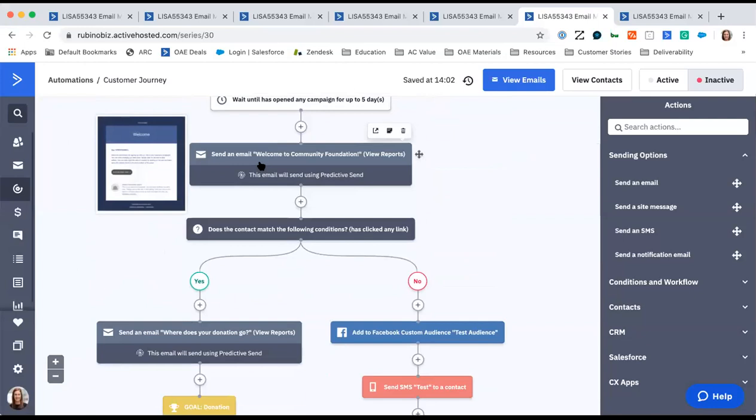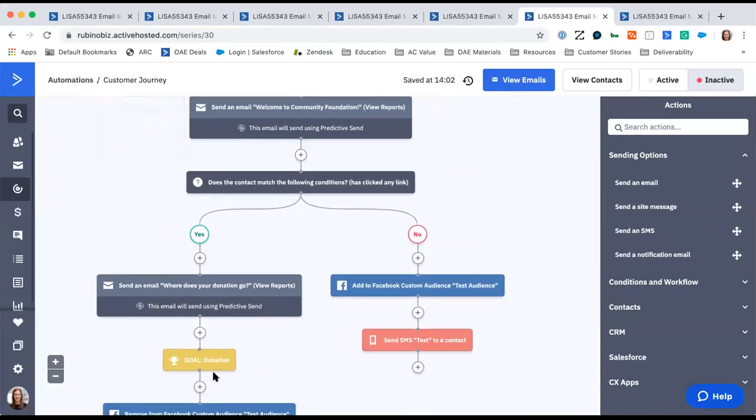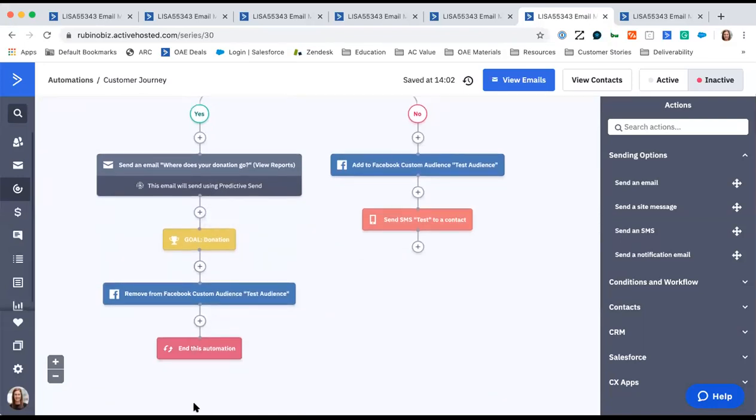In this sequence, let's say me, Lisa Rubino, I would jump down to this goal action and then continue through the automation down here. But this makes sure that I wouldn't be receiving any communication that is no longer relevant to me, because that conversion already happened, that goal was already made.